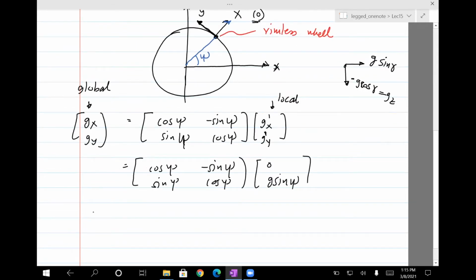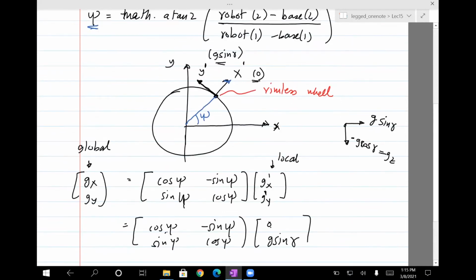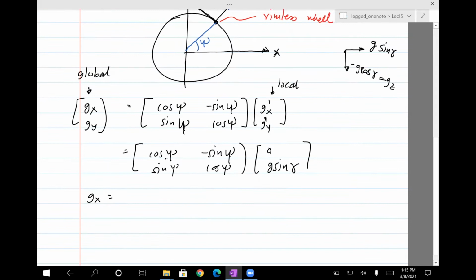If you do the multiplication, gx equals 0 times cosine psi, which is 0, and then minus sine times, I'm making an error here. This should be gamma right here. That's the slope, while this is the yaw angle. So it will be minus sine psi times g sine gamma.